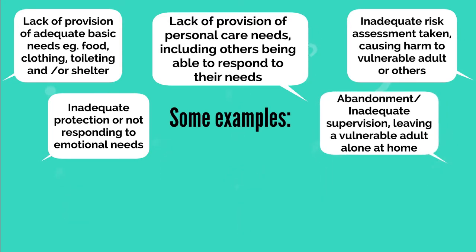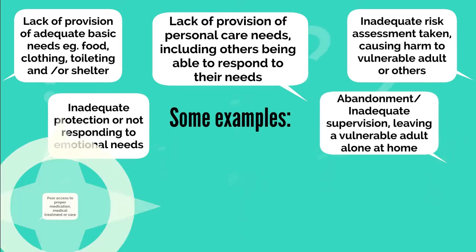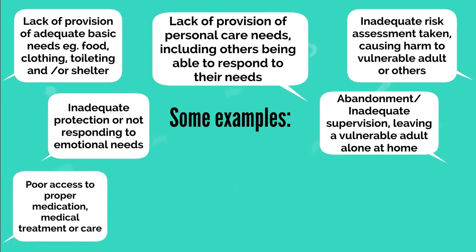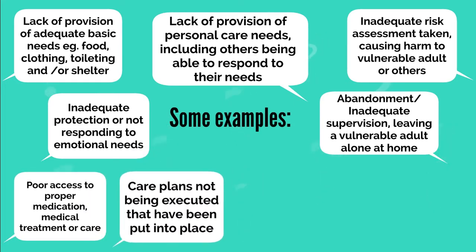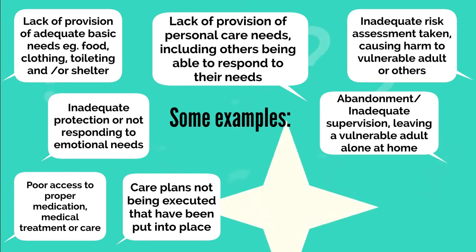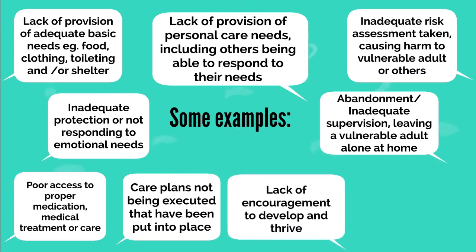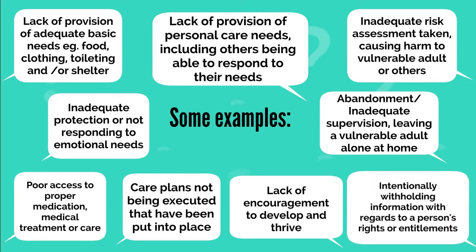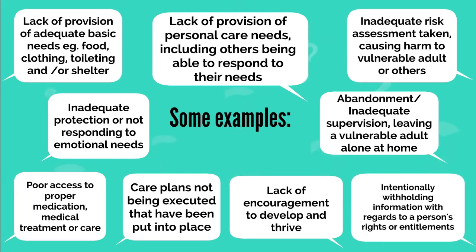Abandonment, inadequate supervision, leaving a vulnerable adult alone at home. Poor access to proper medication, medical treatment or care. Care plans not being executed that have been put into place. Lack of encouragement to develop and thrive. Intentionally withholding information with regards to a person's rights or entitlements.